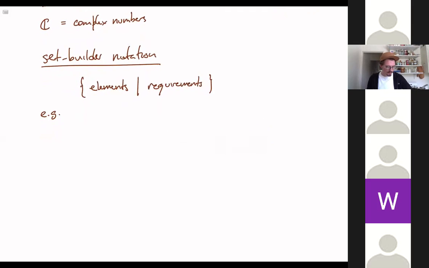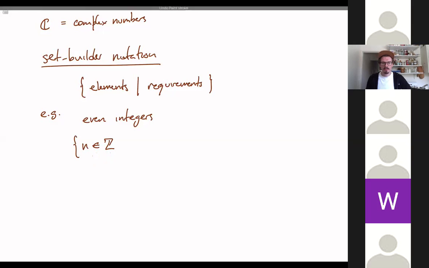So the even integers we can write using set builder notation as n in Z. So remember, this is our notation for an element or contained in. And this thing is the integers.